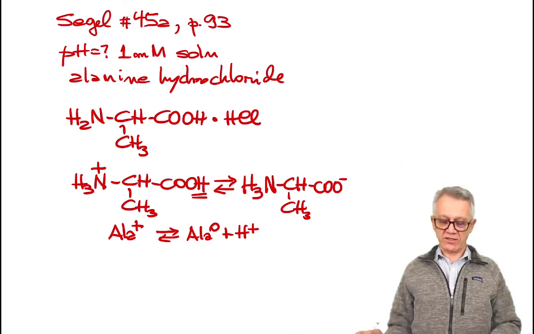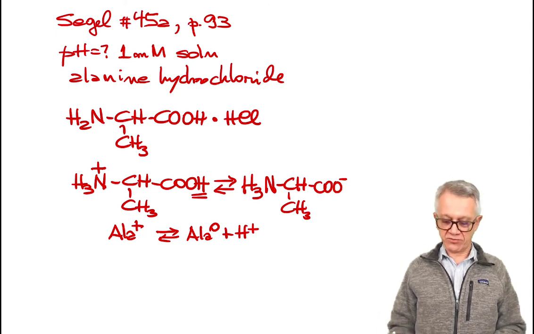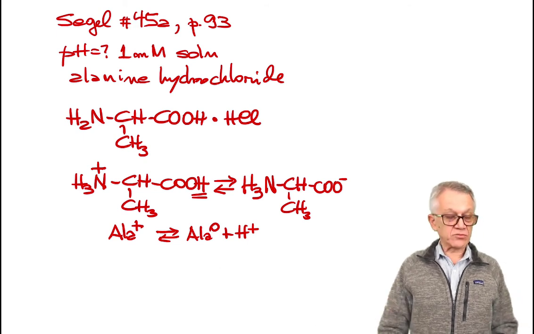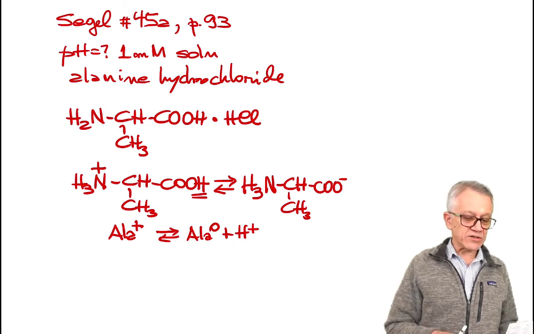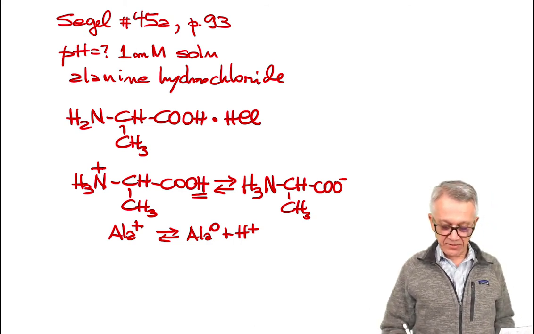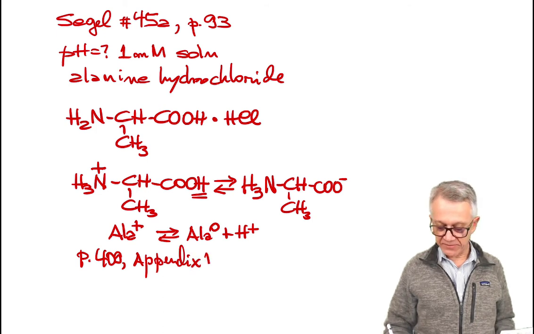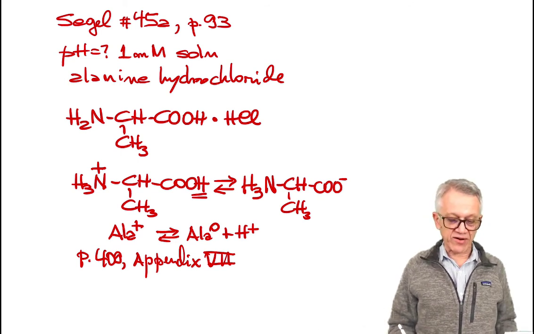Normally you don't need to write the proton, but in this particular problem we want to know the pH, so we need to know the concentration of protons and so on. For solving the problem, first we need to know the Ka. The Ka we are going to find here in Siegel on page 409. You could use another table, there is the Appendix 7, where you can find all this relevant information, and obviously in an exam you are going to be provided with that information.